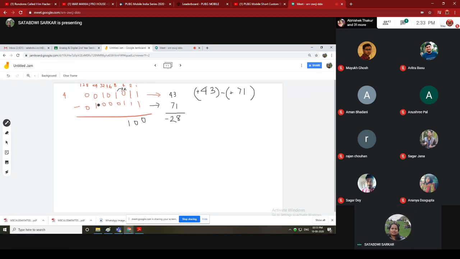And here the value is now 0. So 0 minus 0 is 0. Now 0 minus 0 again, so it is 0. Now 1 minus 0 is 1.